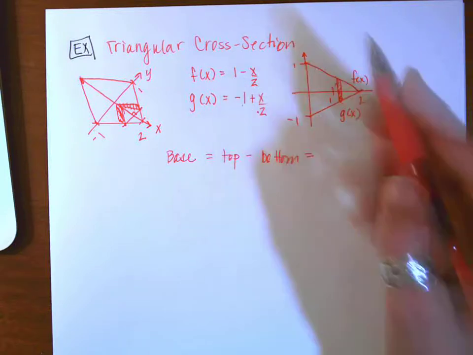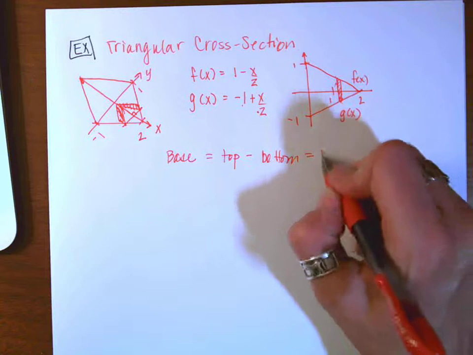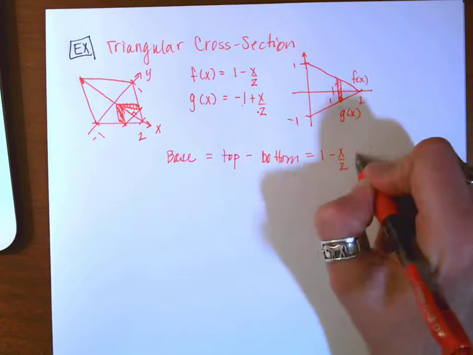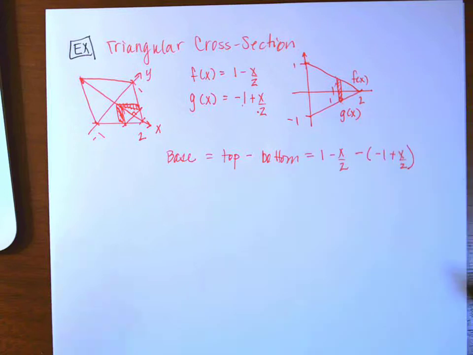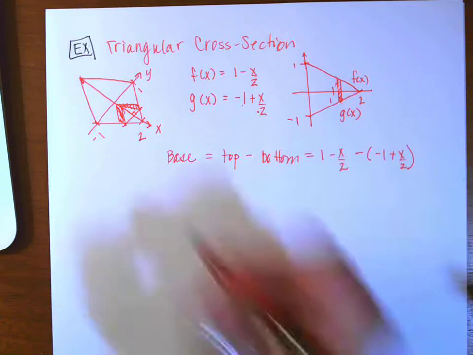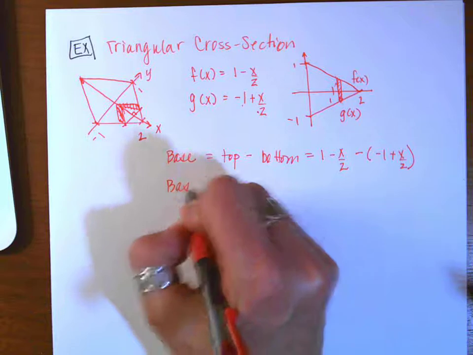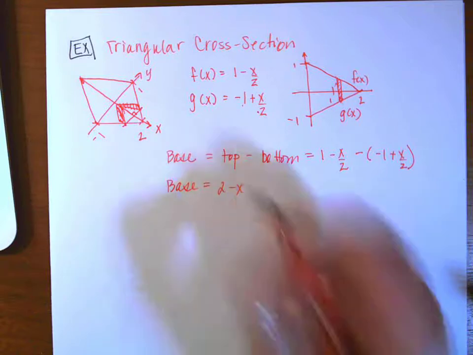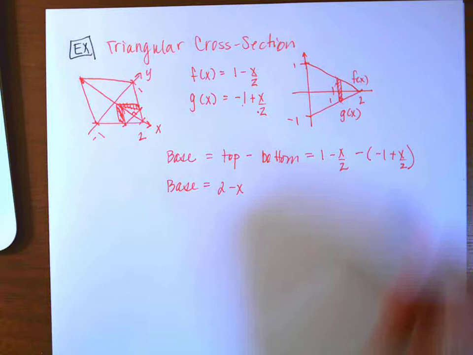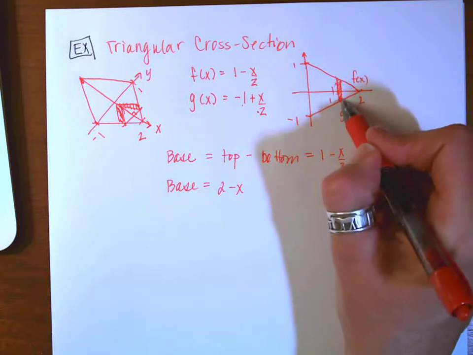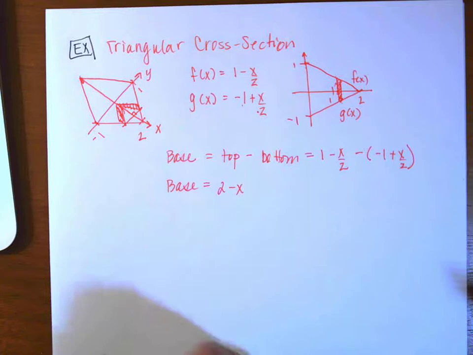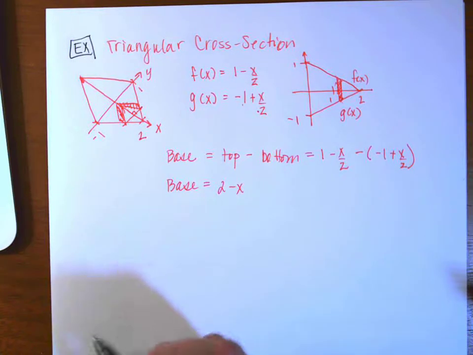I have a negative slope and a positive slope, y-intercept, y-intercept. So it would be the top, 1 minus x over 2, minus the -1 plus x over 2. And when I clean that equation up, I'm going to get that my base is going to equal 2 minus x. Okay, so that's going to be my base. That's going to be this distance here.